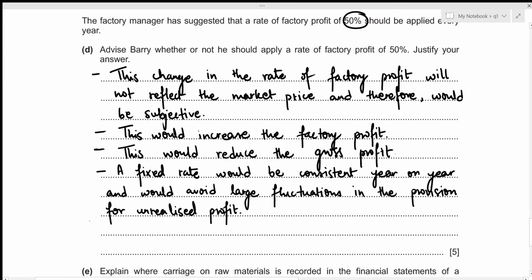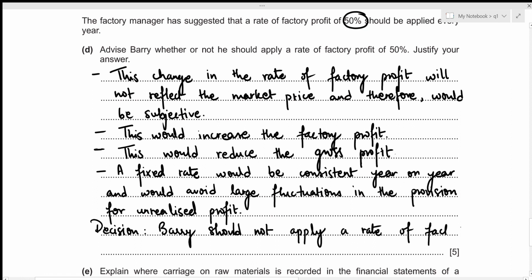Let's write that decision clearly. Barry should not apply a rate of factory profit of 50%.